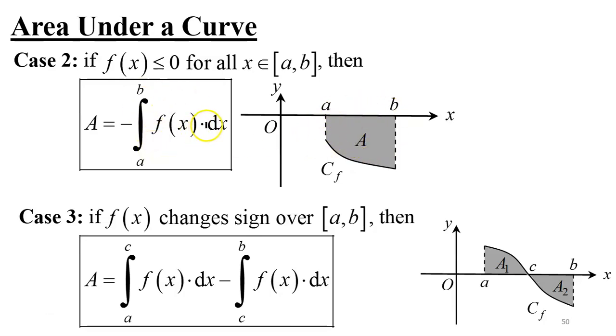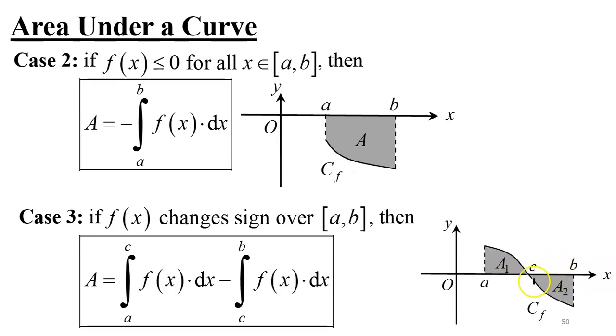So the integral being negative, then negative the integral becomes positive, which gives me a positive area because areas cannot be negative. However, if over the interval AB the curve changes position with respect to the x-axis, referring to this graph as an example, as you can see here, the curve crosses the x-axis at the point of abscissa C. And between A and C, the curve is above the x-axis with the region shaded as A1.